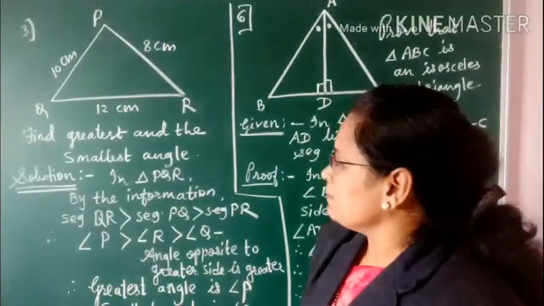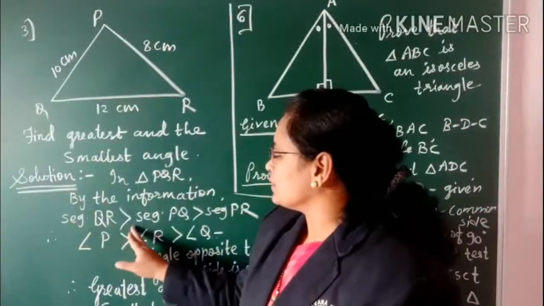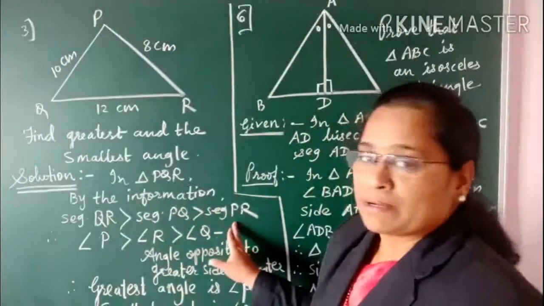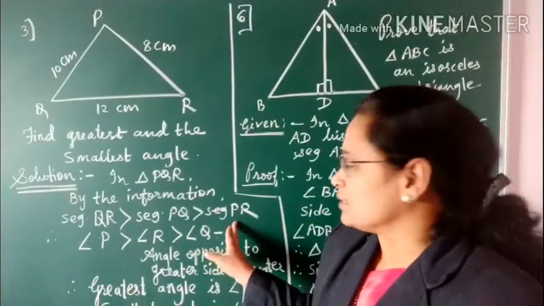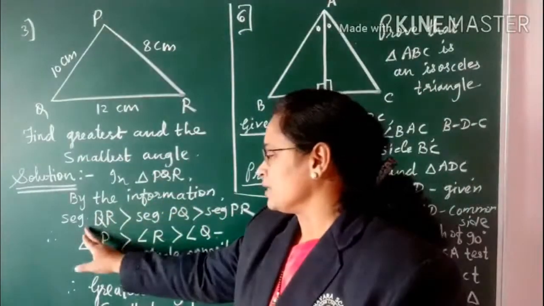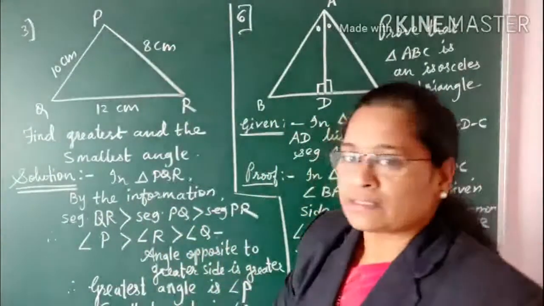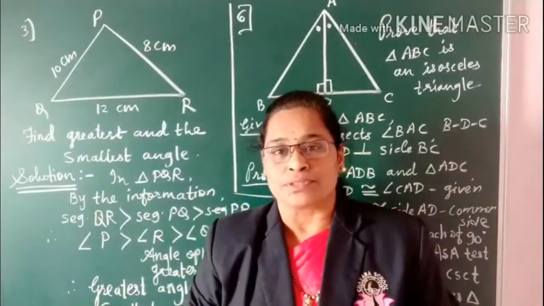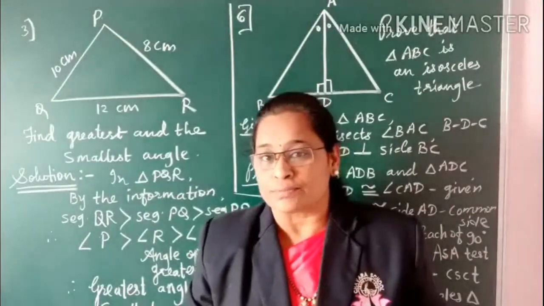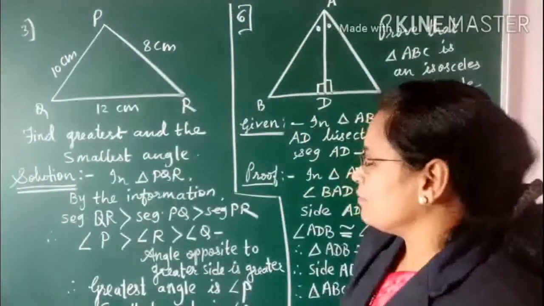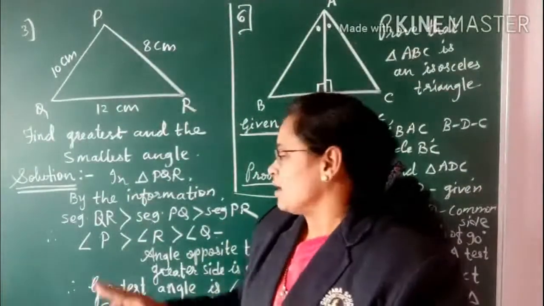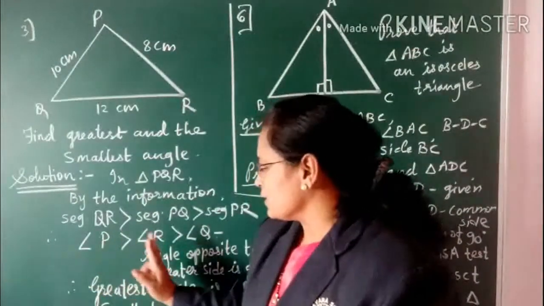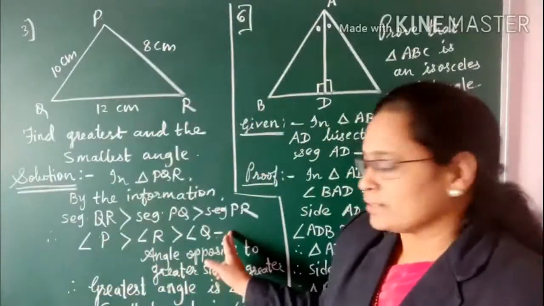So here we can see segment QR is greater than segment PQ, which is greater than segment PR; according to the lengths they are arranged here. Now we have learned the theorem that the angle opposite to the greater side is greater and the angle opposite to the smaller side is smaller. So therefore that theorem will apply and we will get here angle P is greater than angle R, then angle Q, regarding their measures.